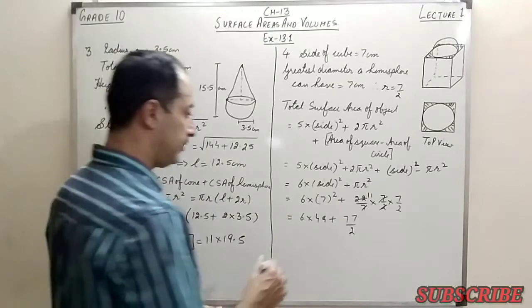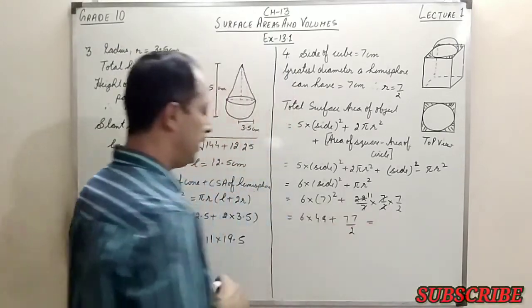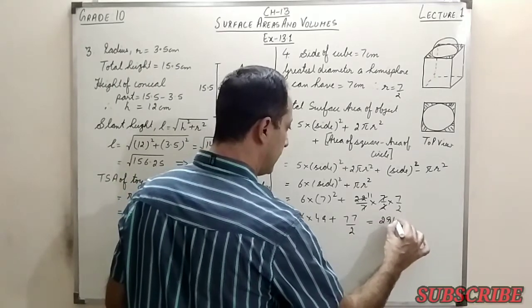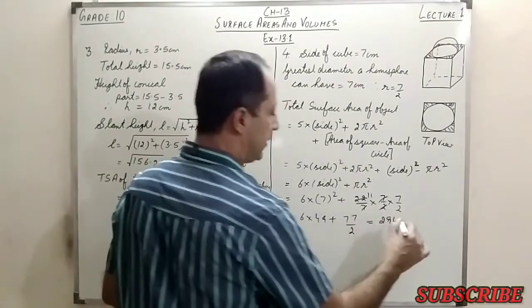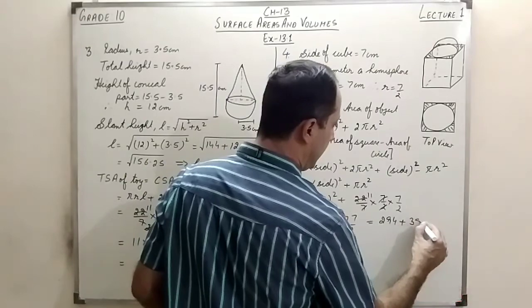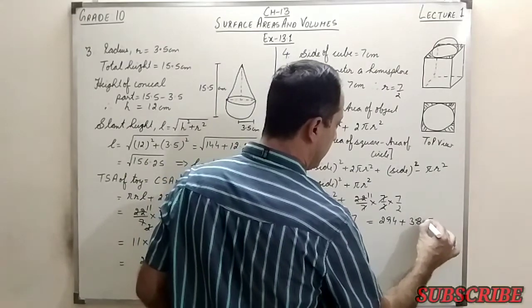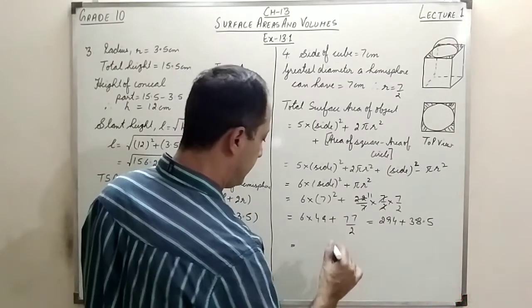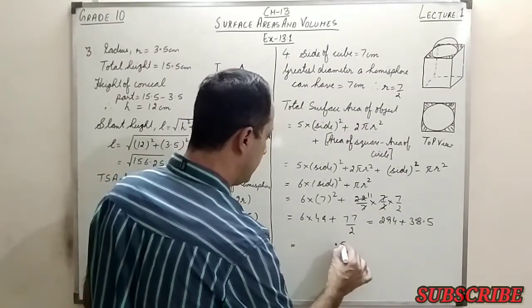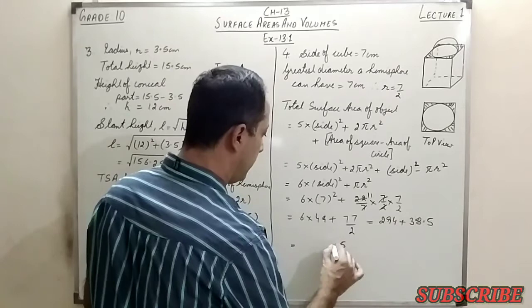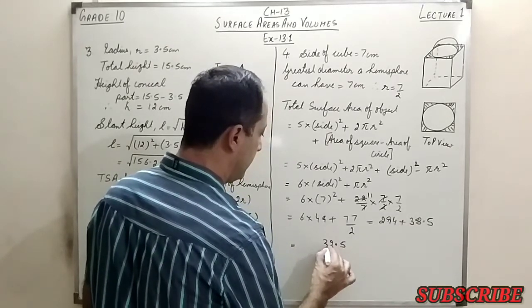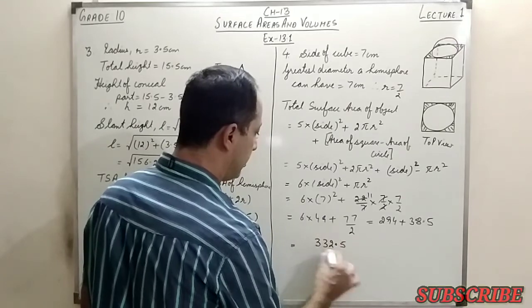So multiply 49 by 6, and this is 294, and this, if I take it in decimal, is 38.5. Now we add these two, so 0.5 first here, 4 plus 8 is 12, 1 carry, 9 plus 3 is 12, plus 1 is 13, 1 carry, and again this is 3.